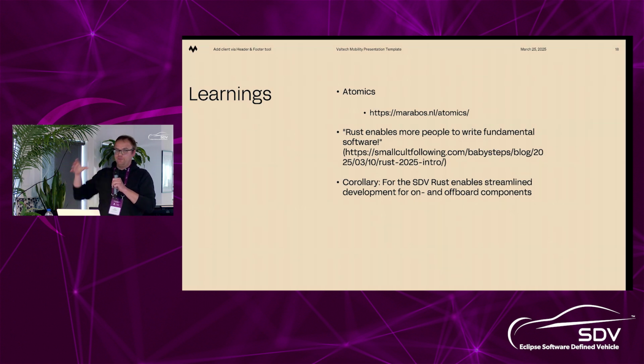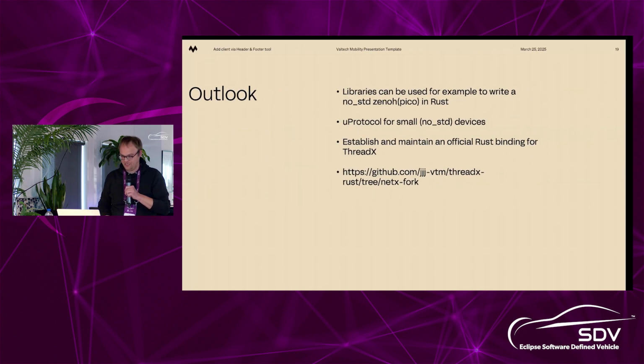Even we, coming from a completely different world of cloud applications, found it quite a nice journey. With the Rust toolchain, it's very nice to go from the cloud level, you can also write cloud applications in Rust, to go deep down to the embedded level. And as a corollary for the SDV, it would enable a streamlined development of on- and offboard components, which is one thing we would very much highlight.